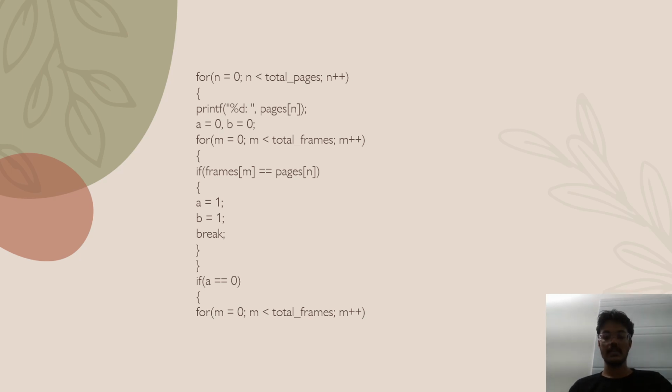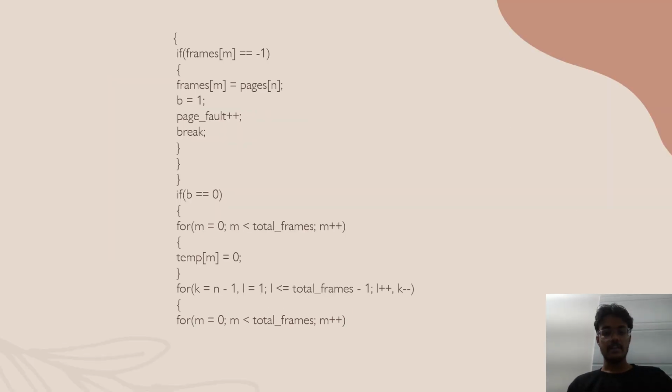Okay, I will explain that in the next slide. Whenever a is 0, the frames are equal to the pages; you have to remember this point. Then b is equal to 1, page fault incremented by 1, then break this particular condition here. Then if b is equal to 0, what happens?